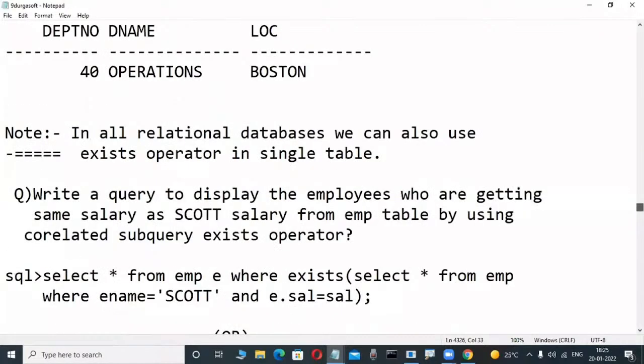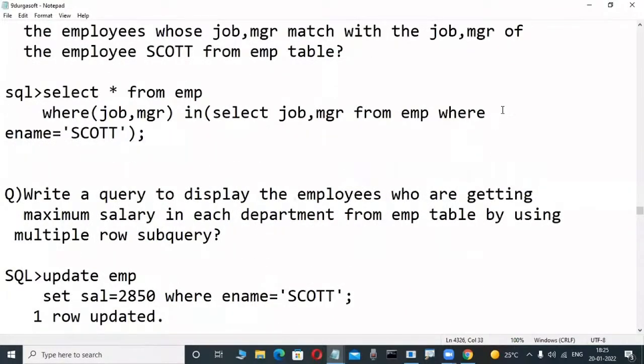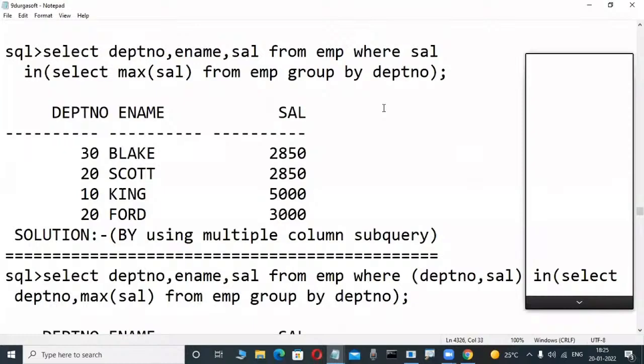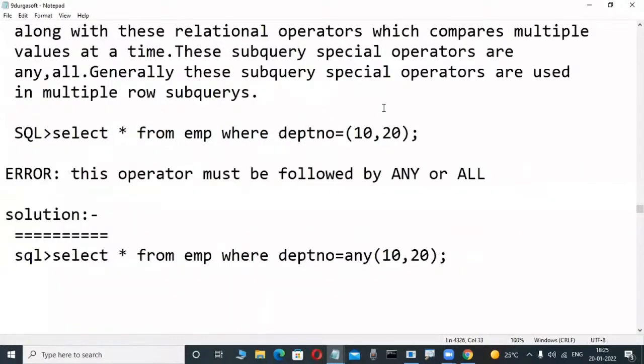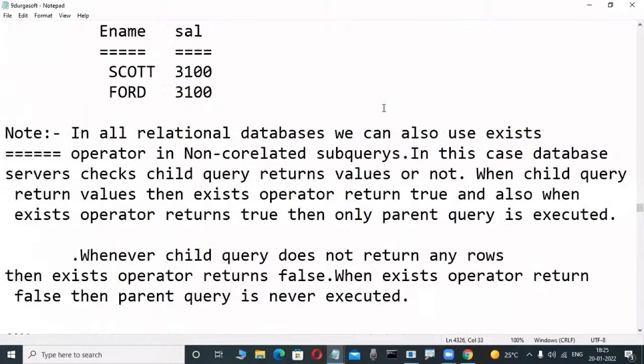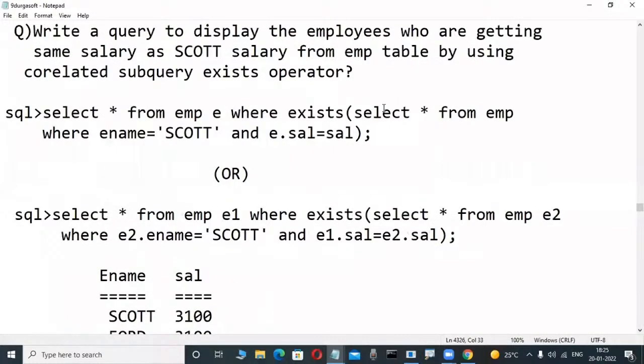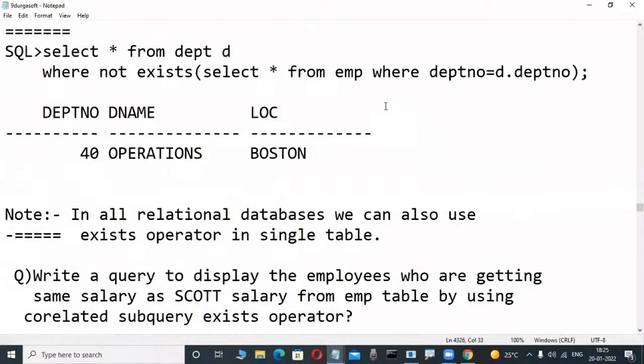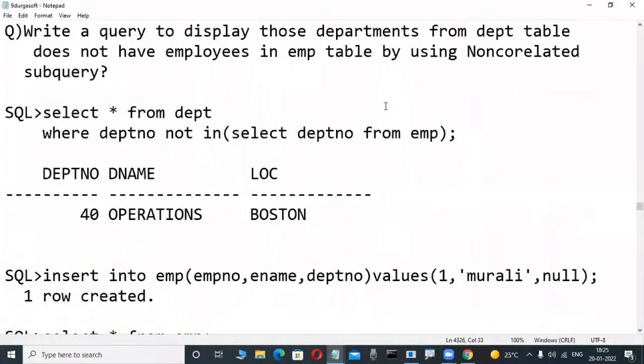Suppose you are attending an interview: display the nth highest salary employee, the second highest salary employee, delete duplicate rows. These types of things are there, and we learn all of them in our course.